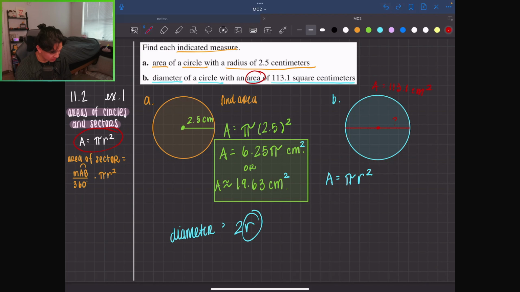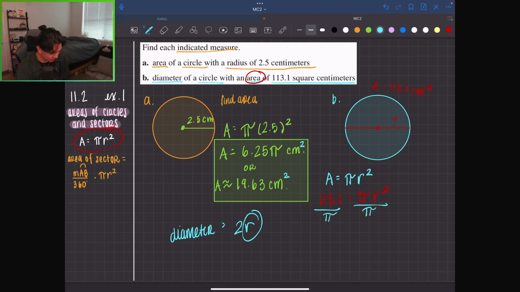So let's go ahead and substitute the value of the area, 113.1 is going to equal pi r squared. Since we want to find what the radius is, let's just isolate the variable here. So the first thing I'm going to do is divide both sides by pi. This pi is a value.